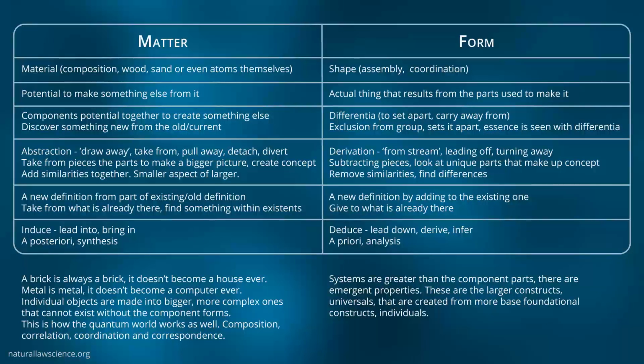In the matter, things come together, but in the form, forms are different because they set them apart. A chair is not a table and not a toy. So forms exclude from other forms, or exclusions from the group. They set things apart. The essence is seen through this differentia.